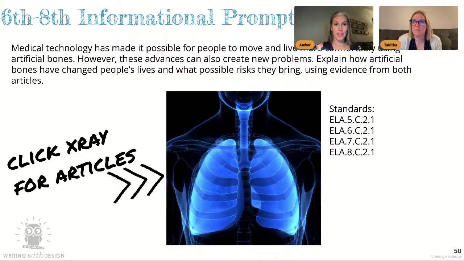Because let's face it, if they don't understand the prompt, they don't know what type of writing they're supposed to do. Even if they have the best writing in the class or in the state, if it's off prompt, it's a big zero. I know. Part of what we do at Writing with Design is we have a grading service, and I was grading some middle school argumentative essays, and there was some really good writing where the kids went completely informational, even though the prompt was argumentative.